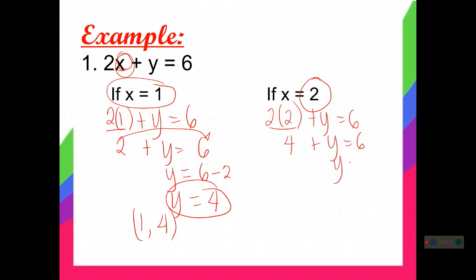Then you will have here y equals 6, using addition property of equality, minus 4. Then the value of your y now is 2. So we have here x is equal to 2, y is equal to 2. Therefore, our ordered pair will be (2, 2). Any question?